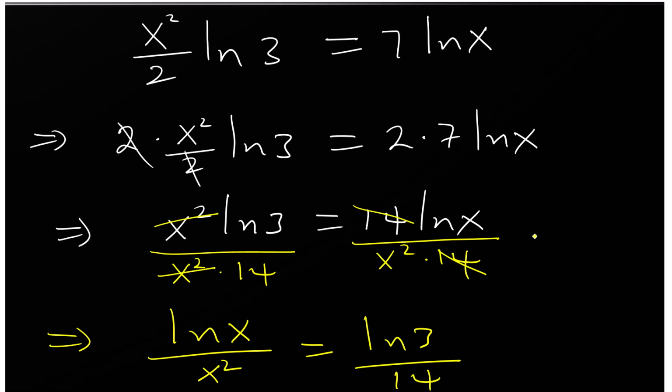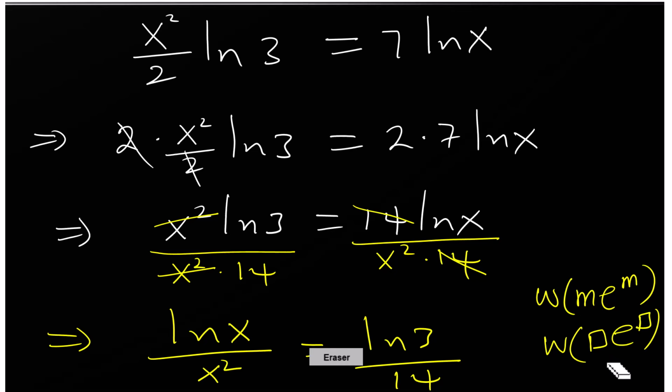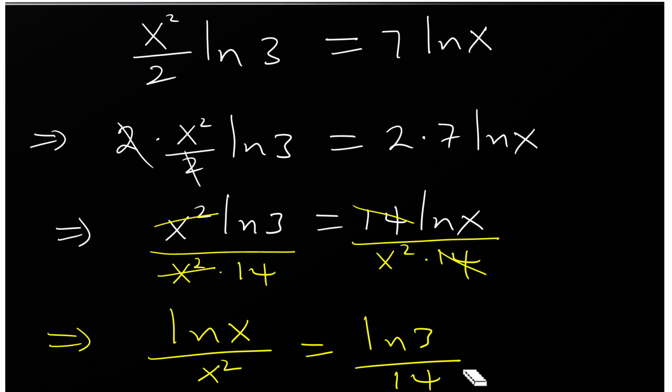When we have W function of, let's say, m e raised to m, the answer is m. When you have W function of box times e raised to box, the answer becomes box. As simple as that. So we have to introduce the e here.